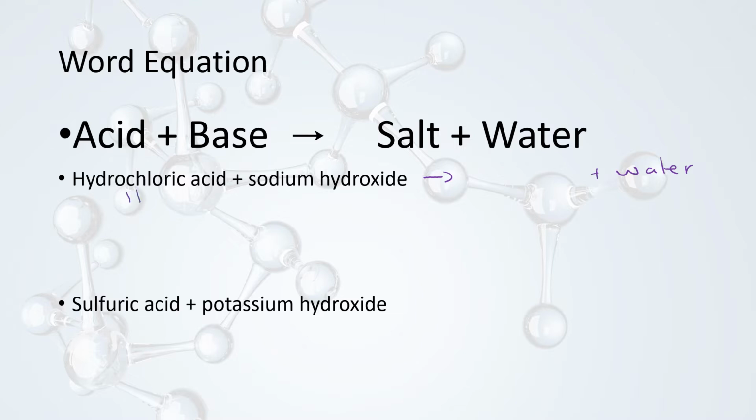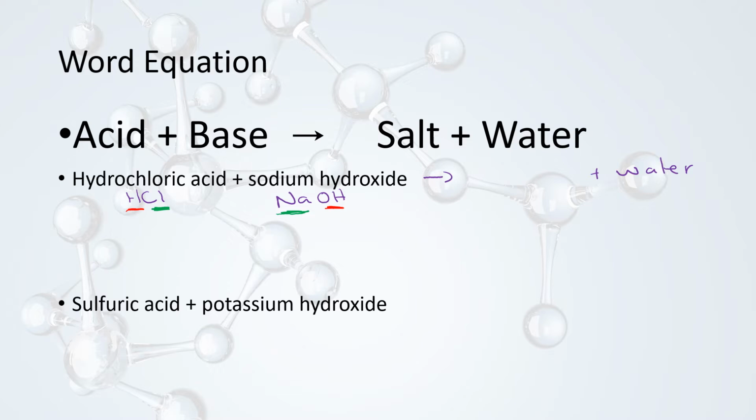So the hydrogen ions and the hydroxide ions make the water, and the salt is made from the sodium ions and the chloride ions. So in this particular case, the salt will be sodium chloride.